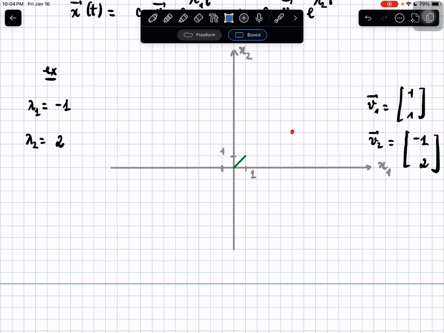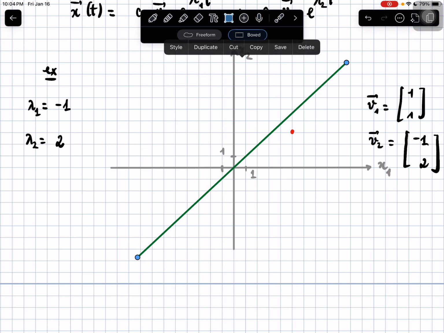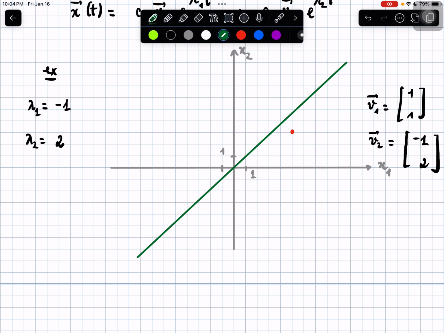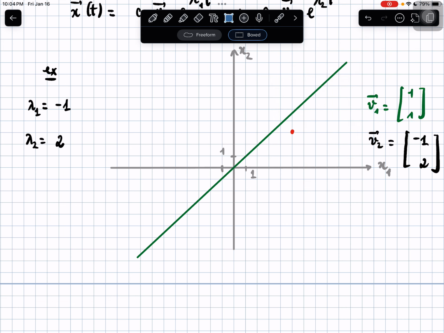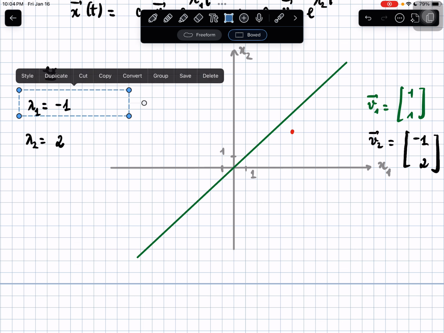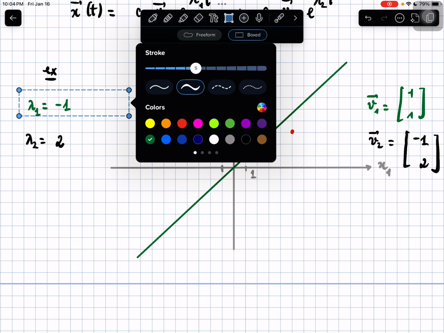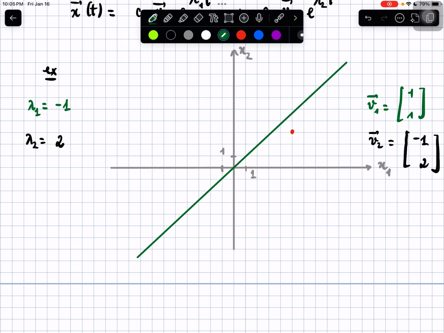Now this vector gives us the whole eigenspace, this line. Along this line corresponds to v1, the eigenvector corresponding to lambda 1, which is negative.